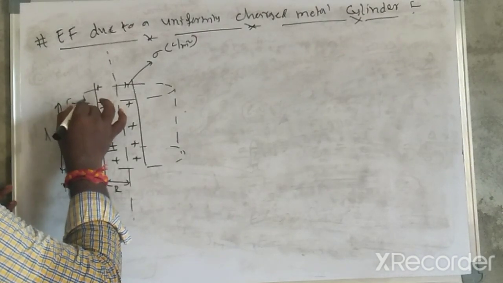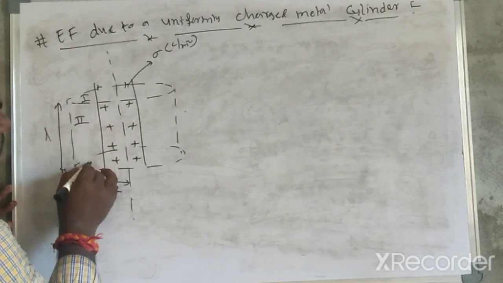Here also there are three surface areas: the first one, the second one, and the third one.